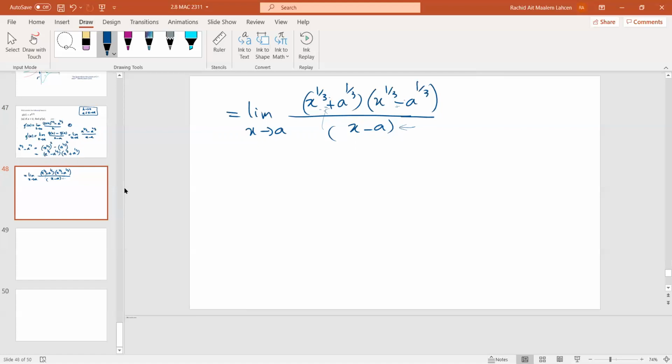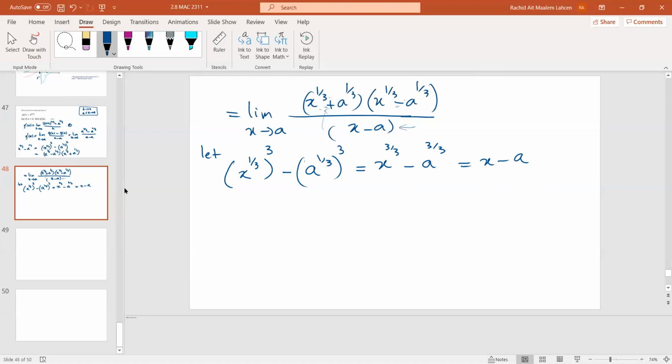We're going to make this a difference of cubes. Because what is really a difference of cubes? Let's just check what this is. This is x^(3/3) minus a^(3/3), which is x minus a.